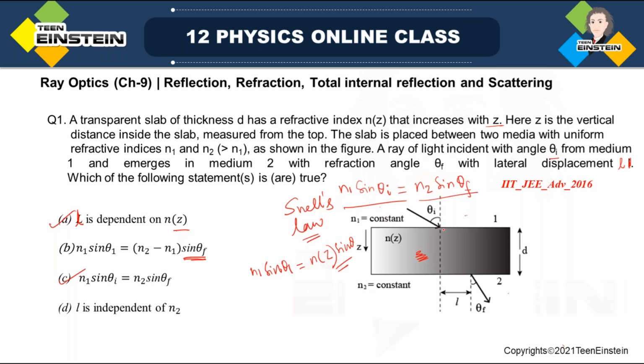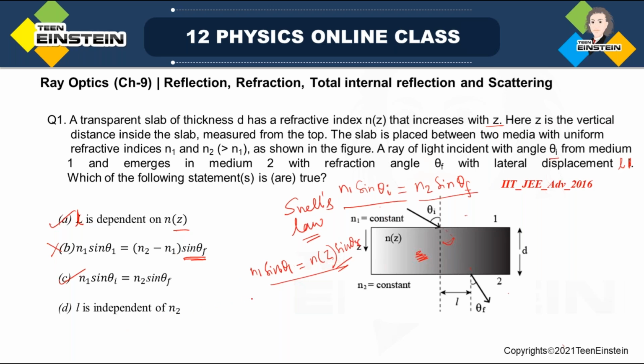If we had been given some information about the angle of refraction inside the medium, then we could have written some intermediate angle, sine r say. But again, this Snell's law is valid only when we have constant refractive indices for the media. So anyway, this is not true.